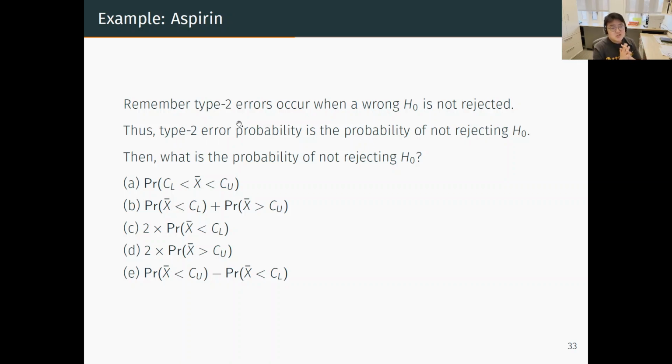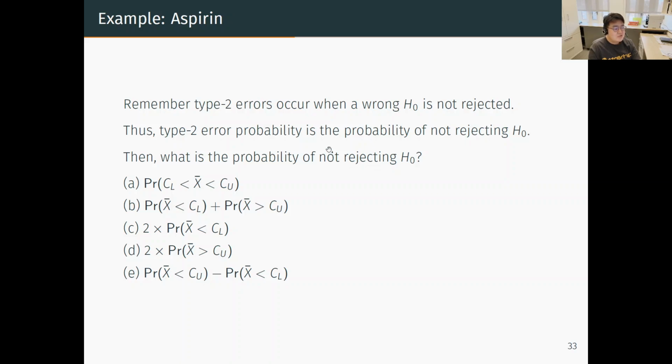The definition of the type 2 error is when you do not reject a wrong null hypothesis. That is the definition. And we are going to calculate the probability of type 2 error. So what probability do you need to calculate? Okay.